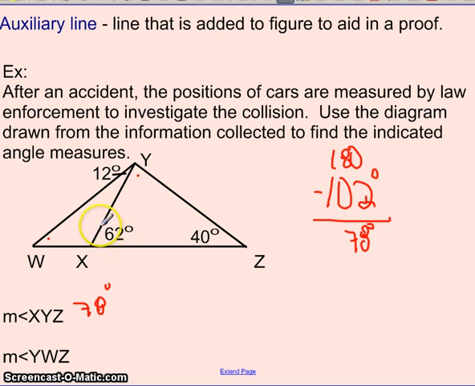So if I took 180 and I subtracted 62 from it, then that looks like I'm going to get 118 left for this particular angle right in here. Now if I use 12 here and the 118, that's going to be 130. So out of the 180 left, this would be 50 degrees.